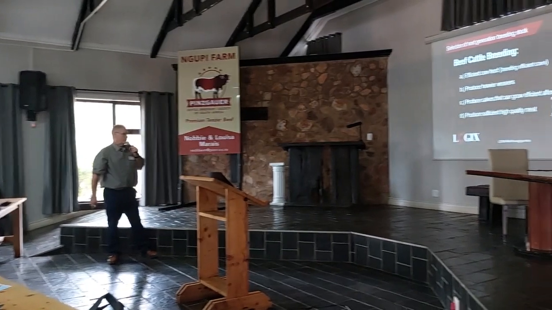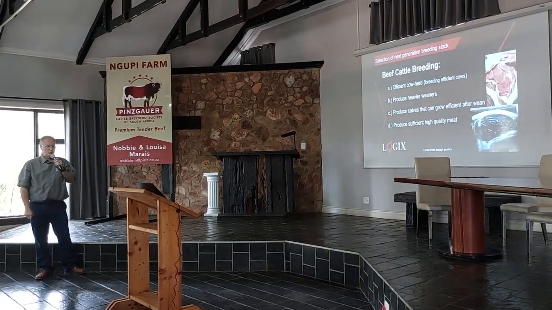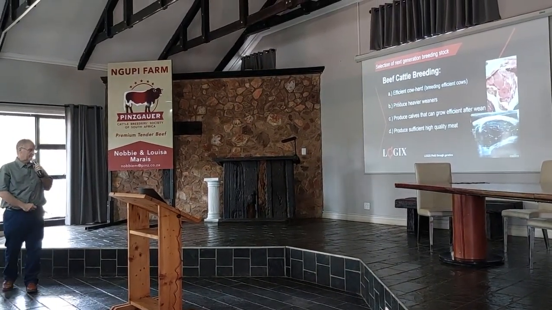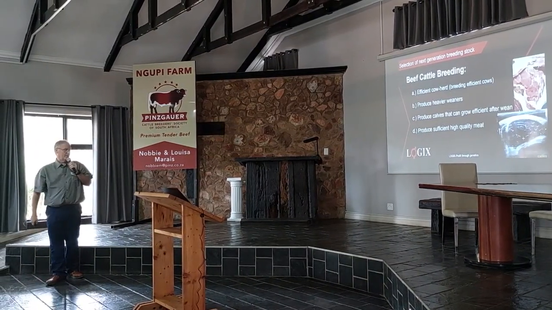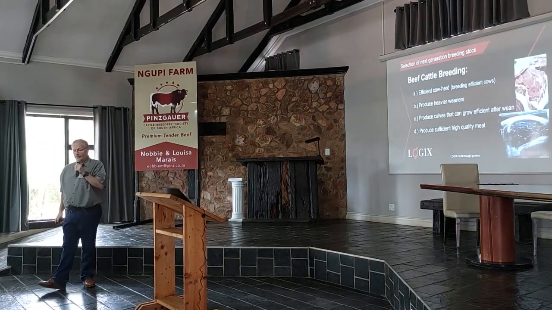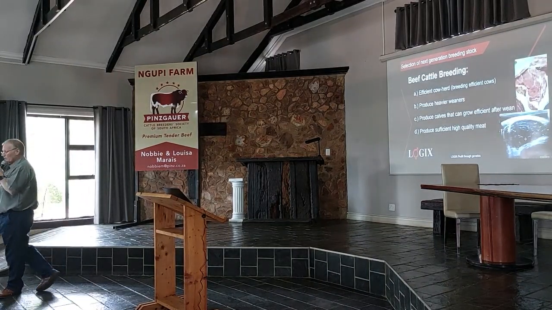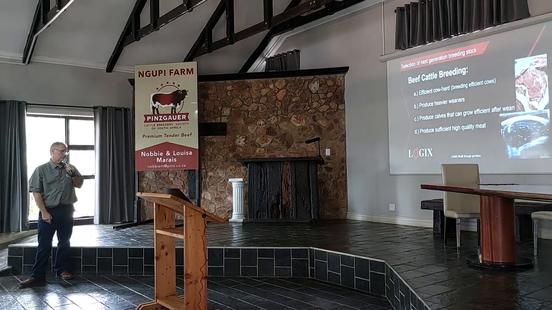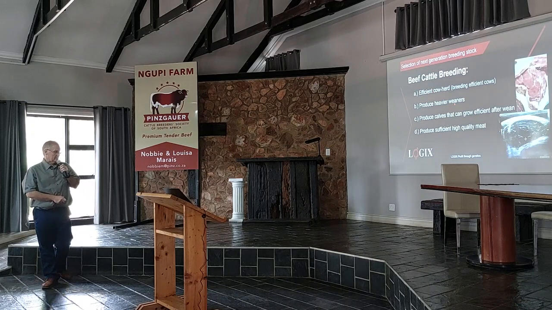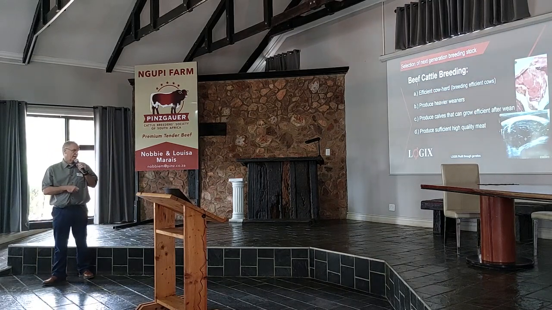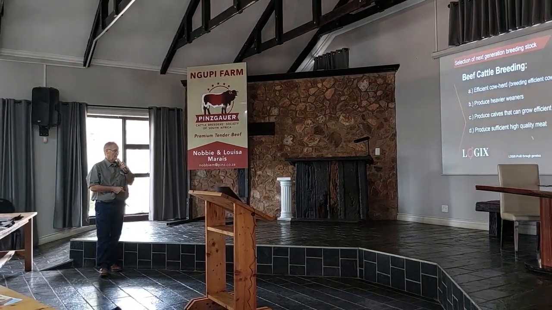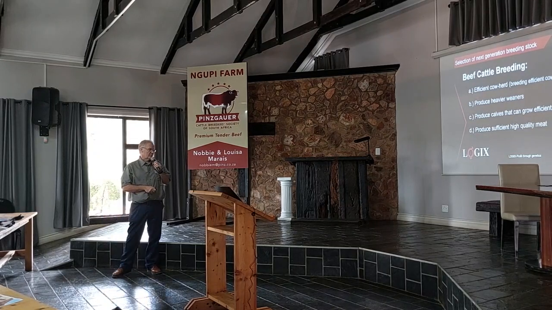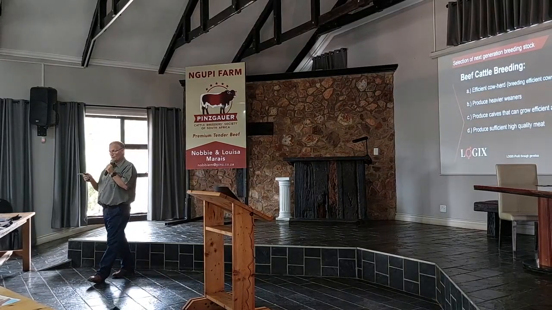So beef cattle, if we look at beef cattle breeding, what do we need in beef cattle breeding? We need a genetically efficient cow herd. If you don't have a very efficient cow herd, then you have troubles. And then you need cattle that can produce heavier weaners, because that's what the market asks, and then produce calves that can grow also efficient after wean.